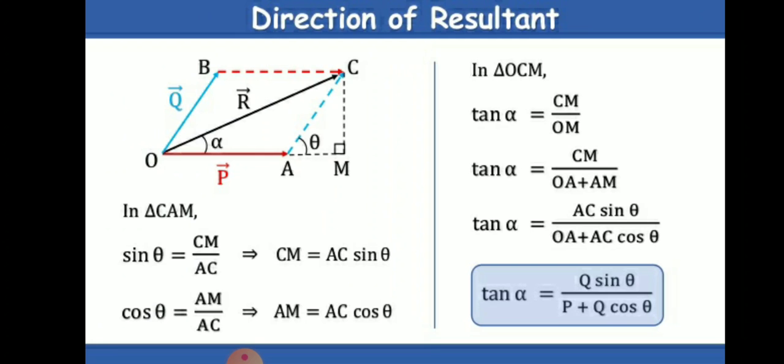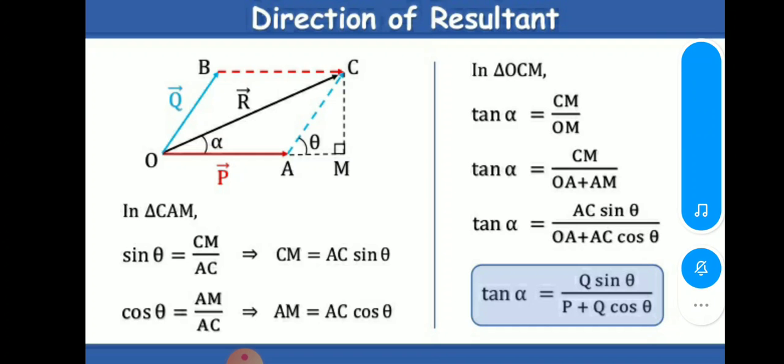In the triangle CAM, with respect to angle theta, sin theta is the opposite side divided by the hypotenuse, so opposite side CM divided by AC. Therefore CM is equal to AC sin theta. In the same triangle, cos theta is equal to adjacent side by hypotenuse, that is AM divided by AC. That implies AM is equal to AC cos theta.